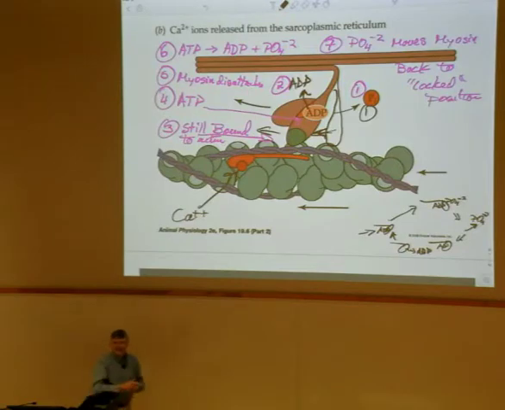Charles. Okay, yeah. How does troponin take away tropomyosin so that myosin can bind? Okay, so how does troponin take away tropomyosin? So if I'm a troponin and I'm attached to this strand of tropomyosin here, okay? So I've got a calcium binding site and then I'm attached here. If we put a Ca+2 on me, first of all, if I've got a binding site for calcium, it means I'm negatively charged, right? And if suddenly we neutralize that negative charge with a calcium +2, that's going to change the shape of the rest of the protein.